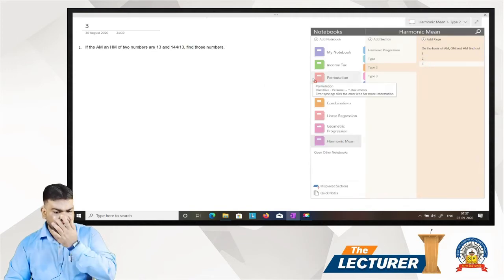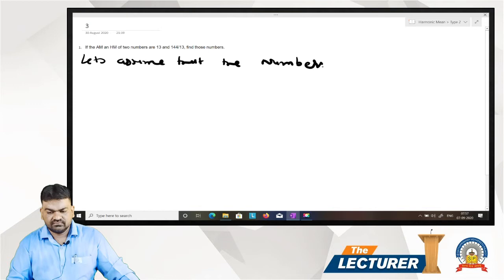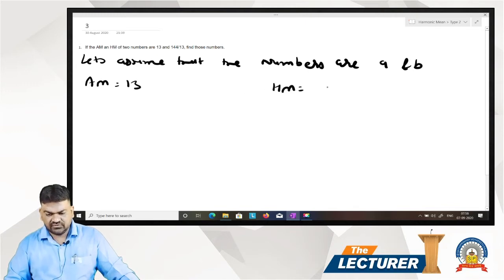Now next, example number 3. If AM and HM of two numbers are 13 and 144 divided by 13, find those numbers. First, let's assume the numbers are A and B. AM is equal to 13, HM is equal to 144 divided by 13.